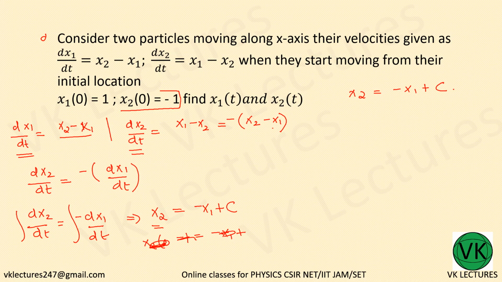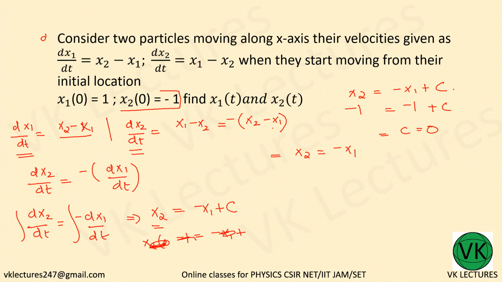Now x2 of 0 equal to minus 1. So minus 1 equal to minus x1, and x1 at 0 is 1. So minus 1 plus c, which means c equal to 0. So I can write x2 equal to minus x1.